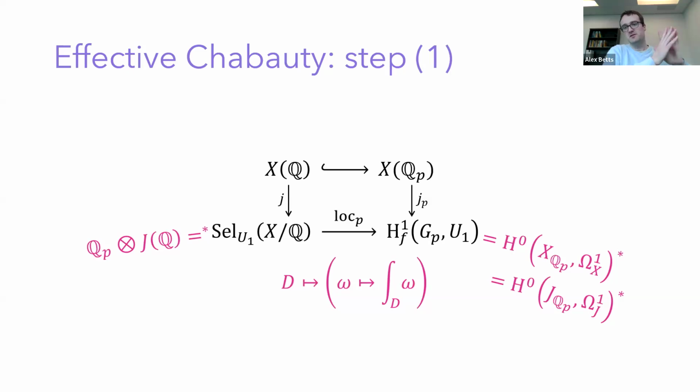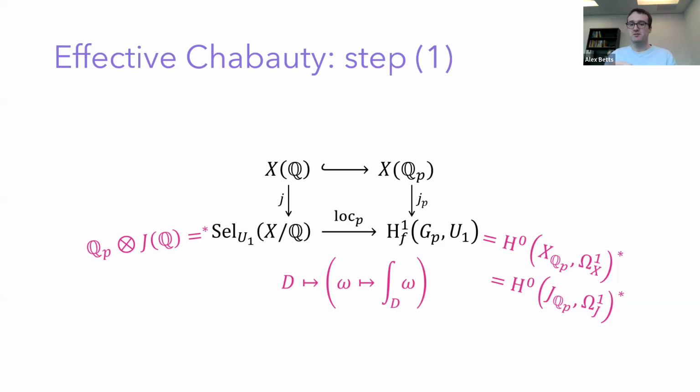But the long story short is that I've given you very precise descriptions of what these are, but if you squint, your global Selmer scheme is an r-dimensional vector space, your local Selmer scheme is a g-dimensional vector space, and this map between them is a linear map.